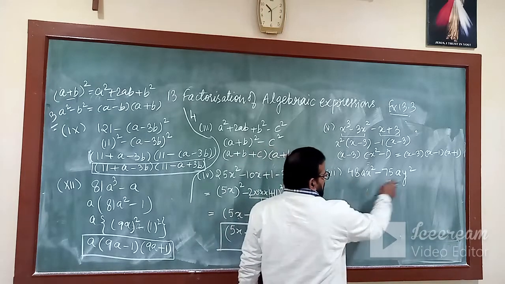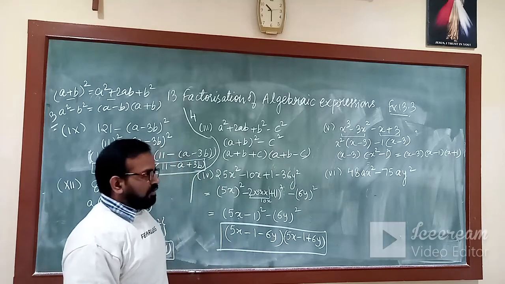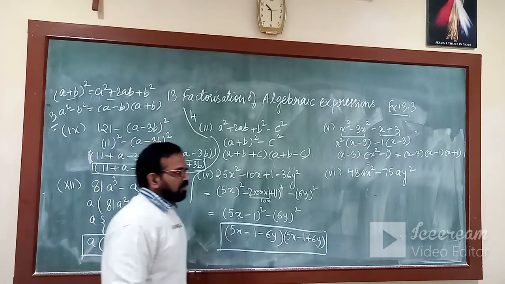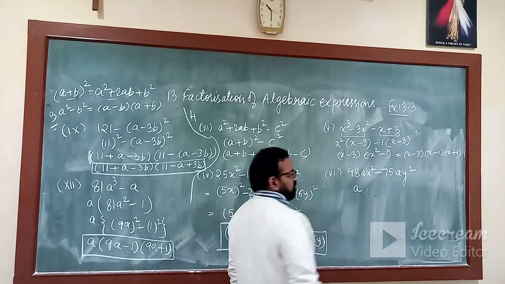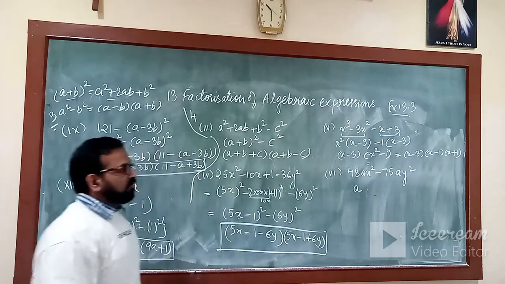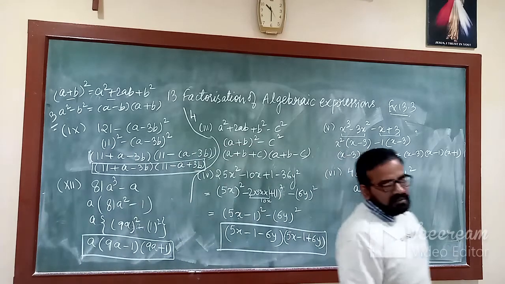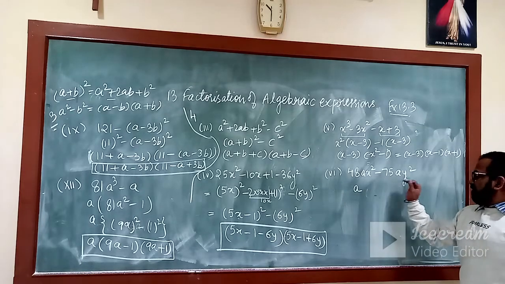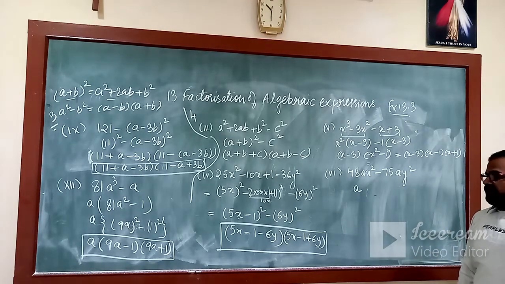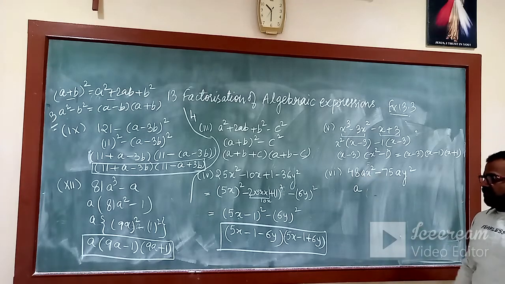Now see, this is a different question. So the first step that we can do here, I can take a as common. Okay, both terms contain a. Now these 48 and 75 are not perfect squares, and this x square and y square we can write as x whole square and y square. Now what about this 48 and 75?